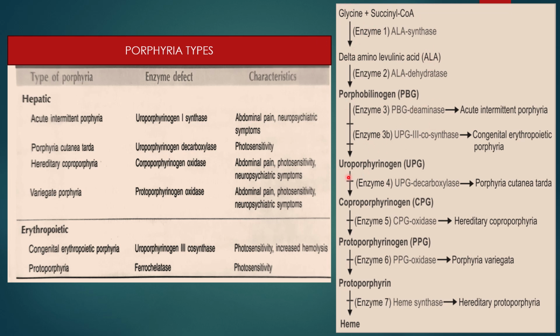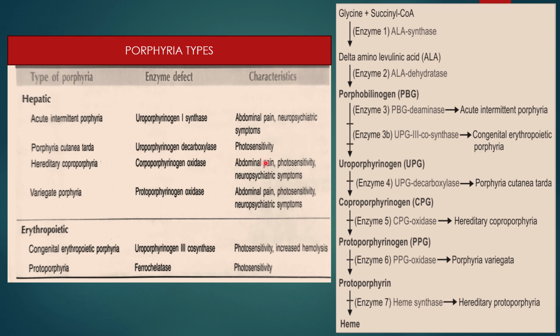But from uroporphyrinogen onwards, there is photosensitivity because the porphyrin ring is present in all the intermediates. So porphyria cutanea tarda is another hepatic type of porphyria, and the enzyme is uroporphyrinogen decarboxylase.